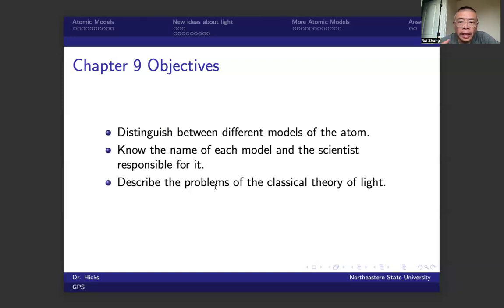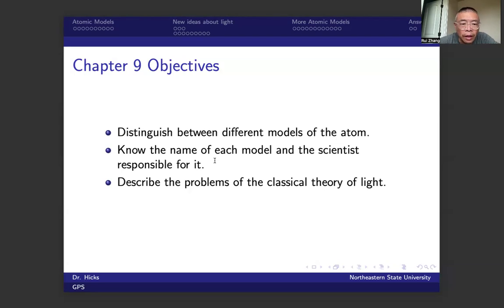Historically, it took time for scientists to discover what an atom is made of, and it took a couple of different steps. On the way, they had to modify their understanding based on new experimental results.